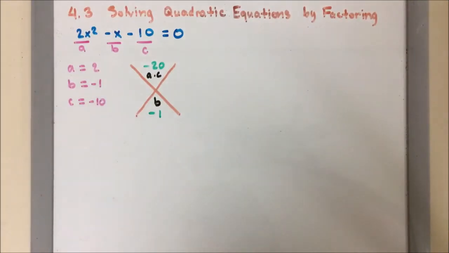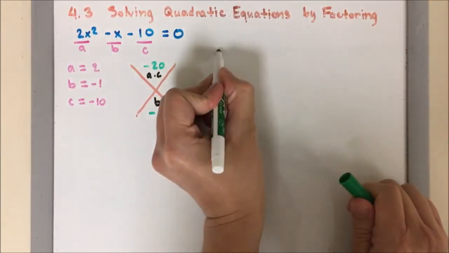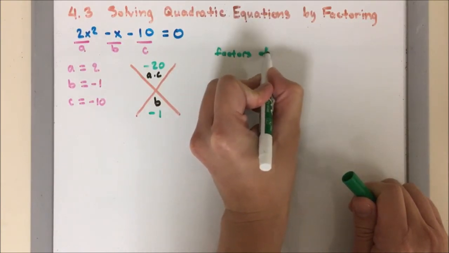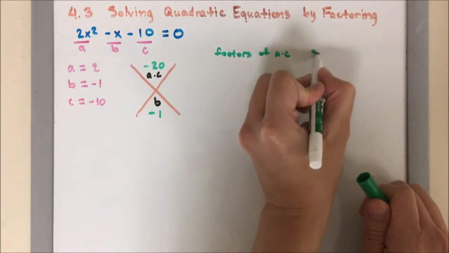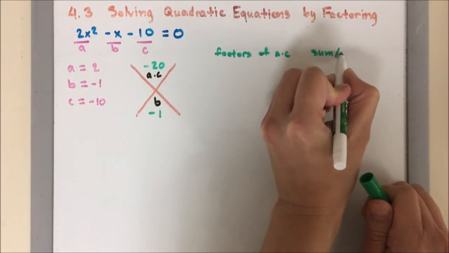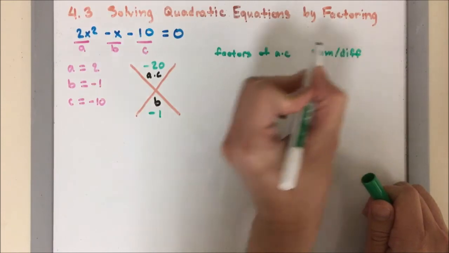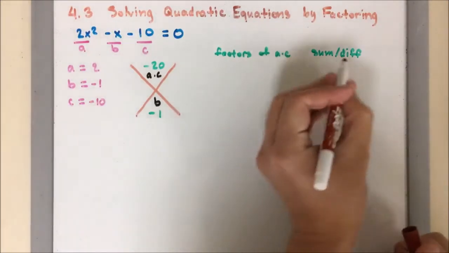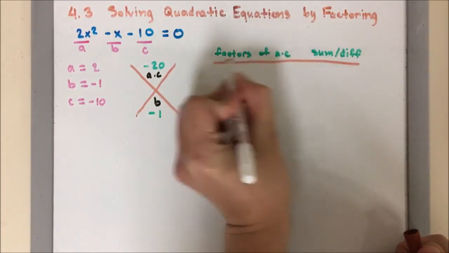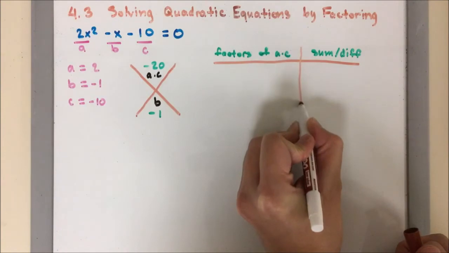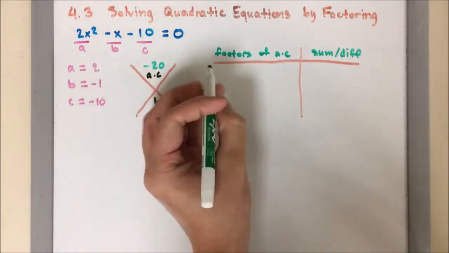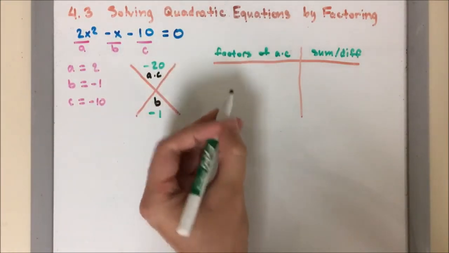Alright, then I'm going to set up my table over here. Factors of A times C and the sum or difference of those two factors. Alright, so when we're looking for factors of negative 20, you can start by writing out the factors.